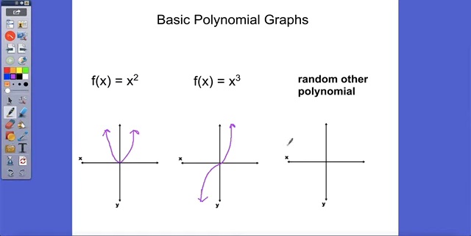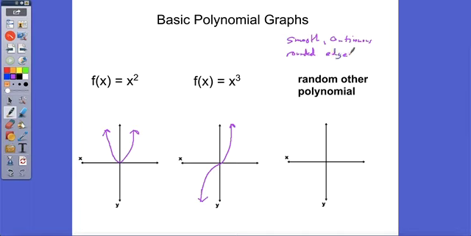Other polynomials, essentially, have a domain of all real numbers, so the graph goes forever to the left and right along the x-axis, and they're smooth, continuous, with rounded edges.